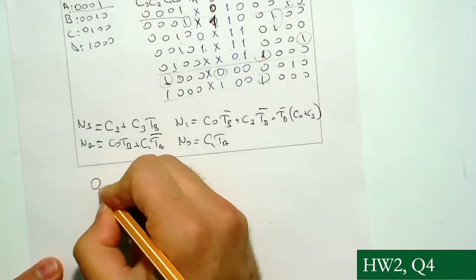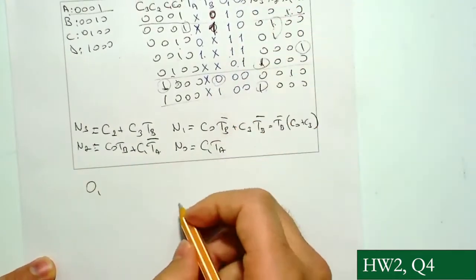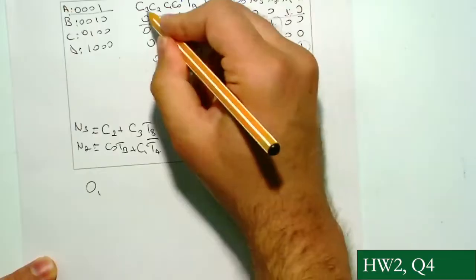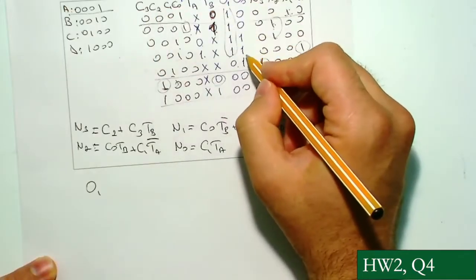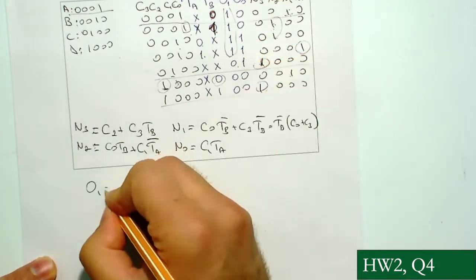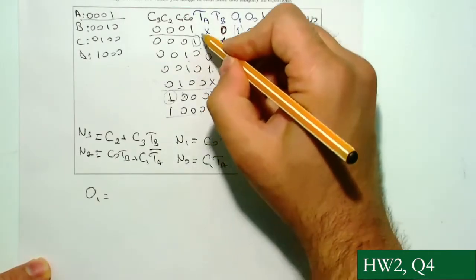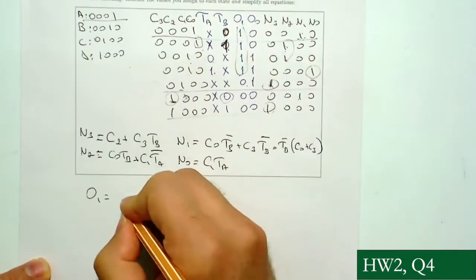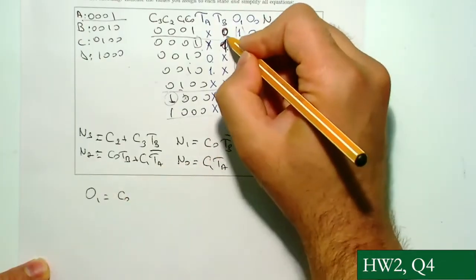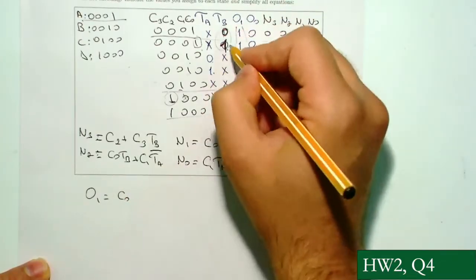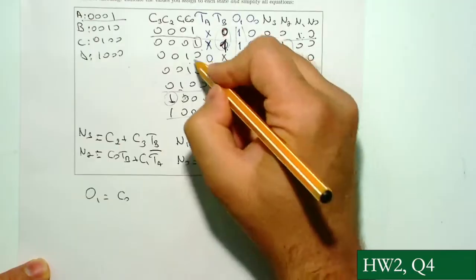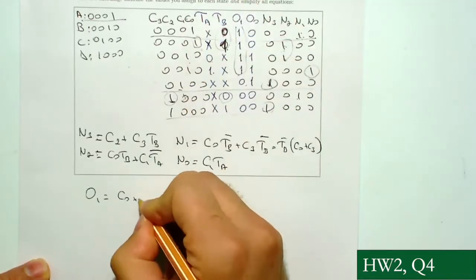And for the output, for output 1, I have 1 when basically either C0 is 1, and it doesn't depend on the TA or TB, or when C1 is 1, right?